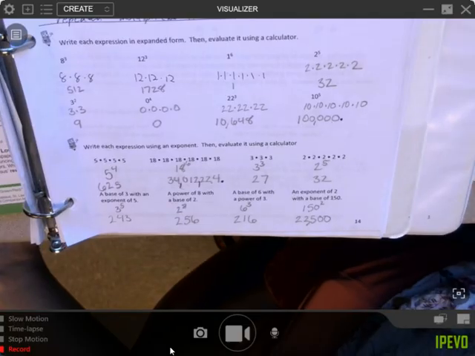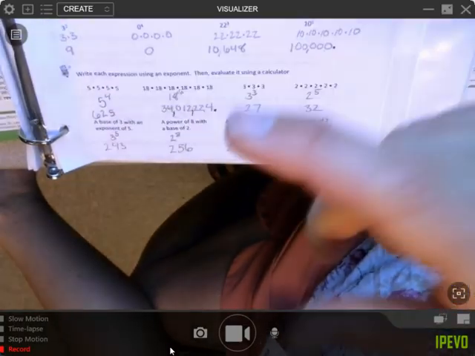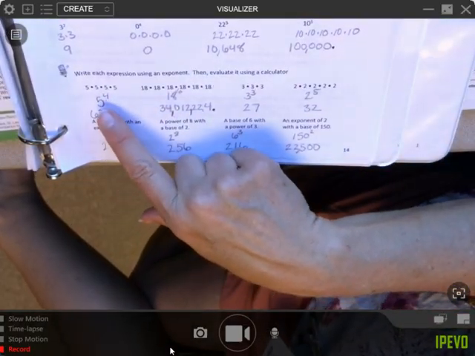All right, now they're giving us the expanded form, and we need to put it in the exponent form.